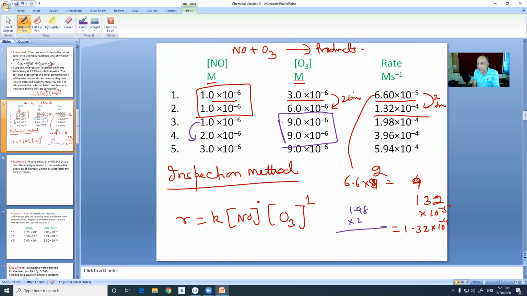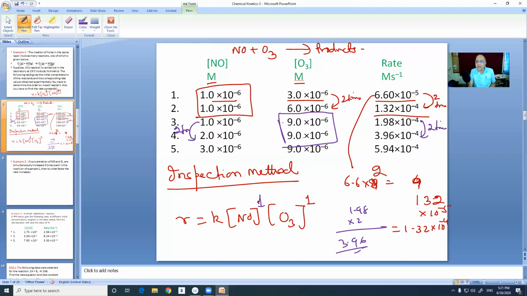So it should be exactly 2 times. So this also is a 2 times increase. So from this we also know the order with respect to NO is 1. So the rate law is ready at our disposal.